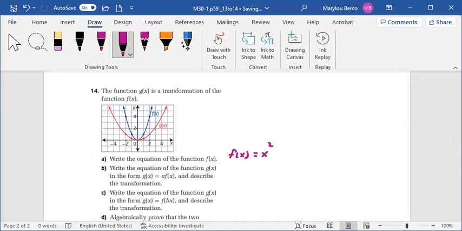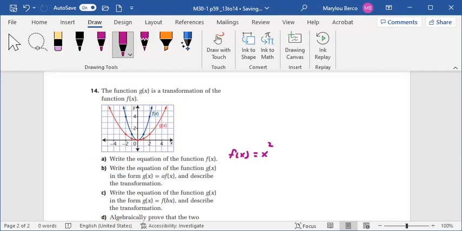Write the equation of the function g of x in the form g of x equals a f of x and describe the transformation. Okay, so to do this, we need to determine the pattern in the y-coordinates of the corresponding points.